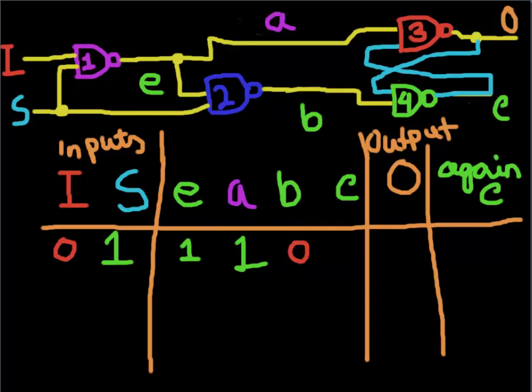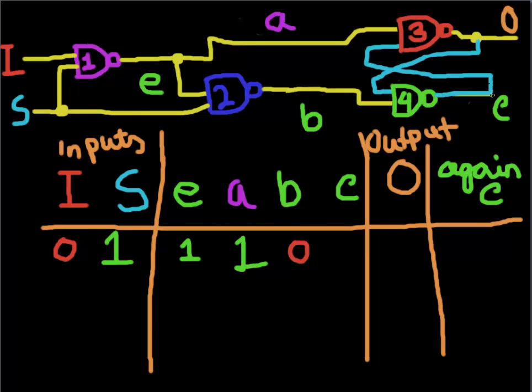And now here's the tricky part. In gate 4, you can see that from B it is receiving the 0, but it is also receiving another input from gate 3.